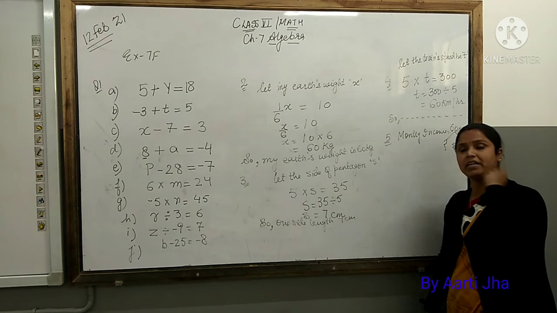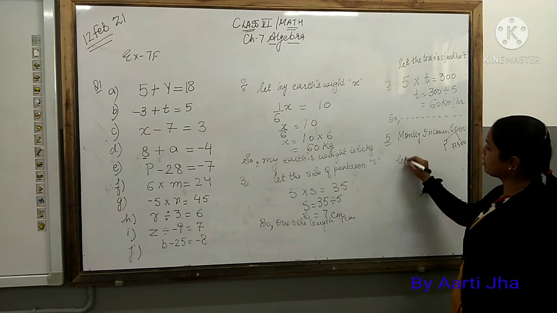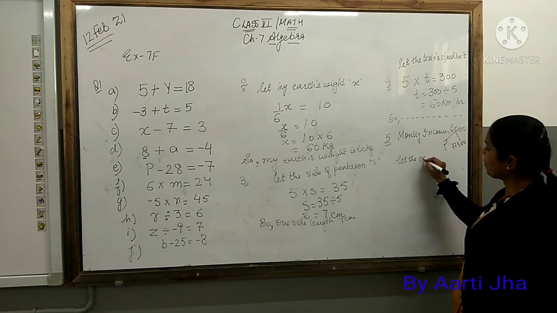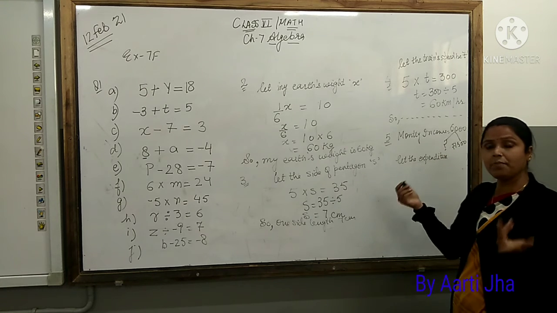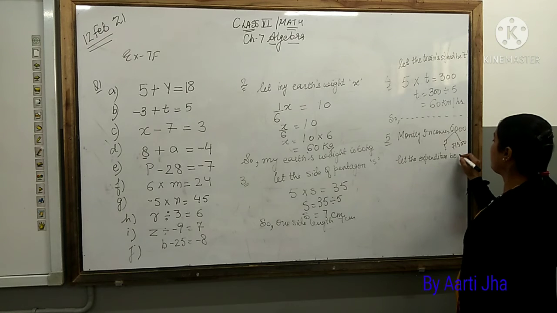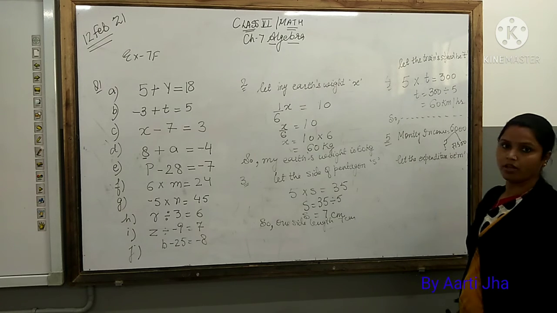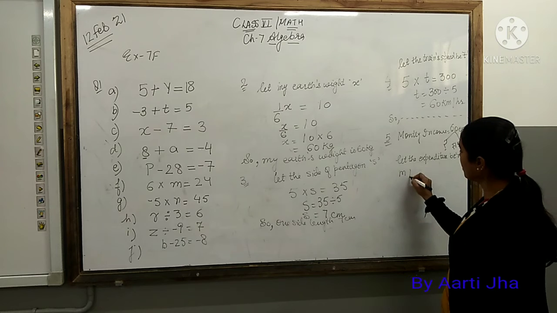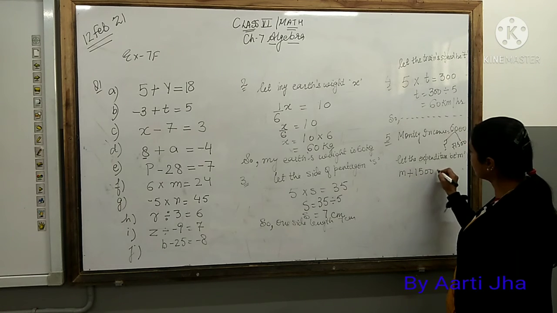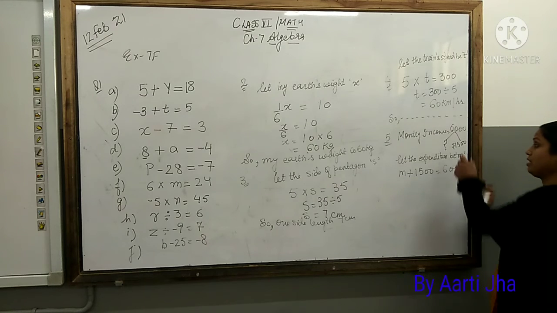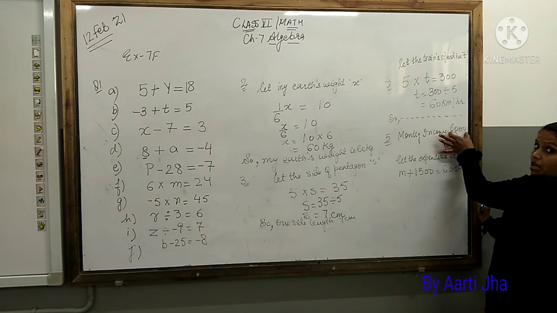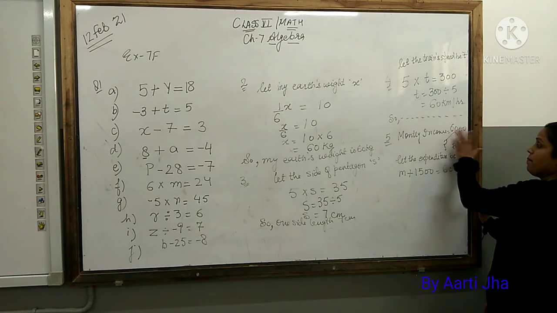Spending is what? Expenditure. I don't know the value of expenditure, so let it be a variable, M. So M plus 1500 is 6,000. Why am I doing plus here, children? Because see, these two are parts of 6,000.